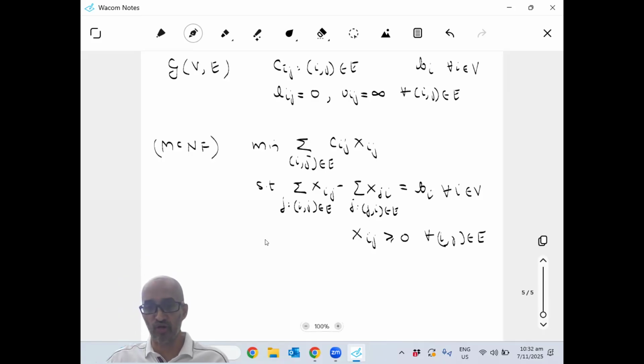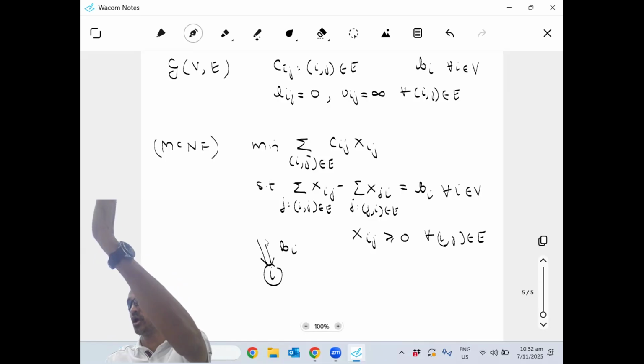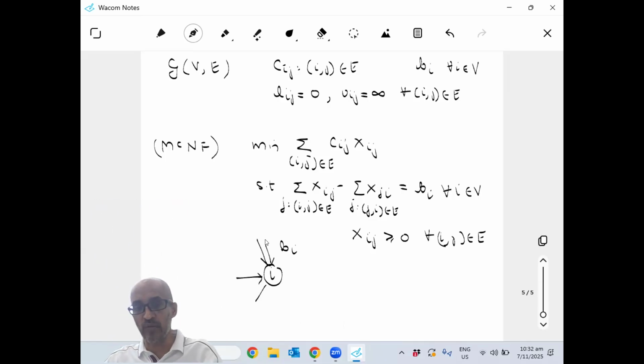Remember flow conservation: you've got a node I, and there's an inflow of Bi. If it's positive, it's a supply. If it is negative, it's demand. So if there's minus 5 units coming in, it means there are 5 units going out. If it's 0, it's transshipment. You've got incoming links, you've got outgoing links. So total outflow minus total inflow is equal to this.